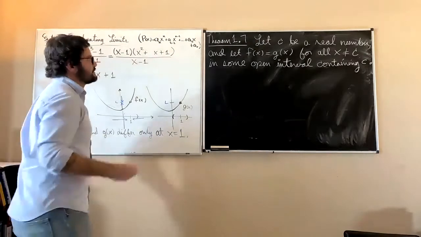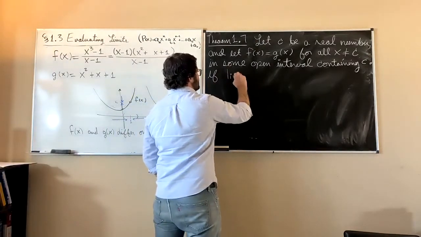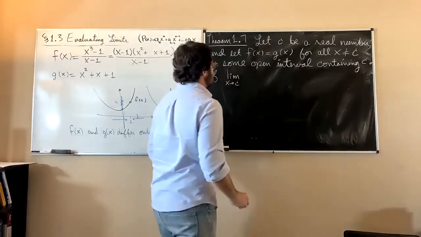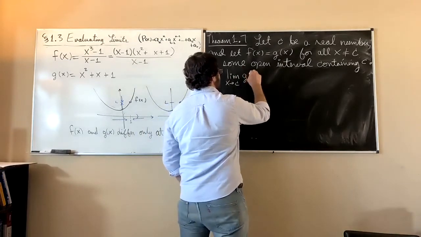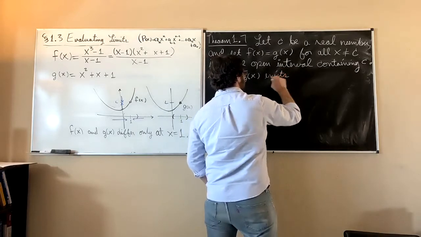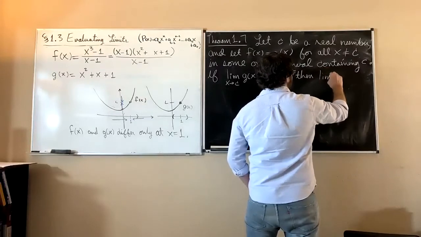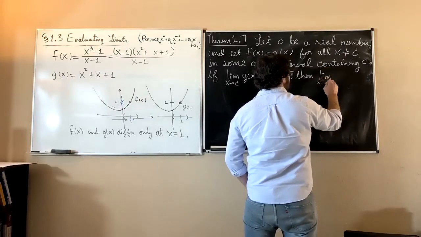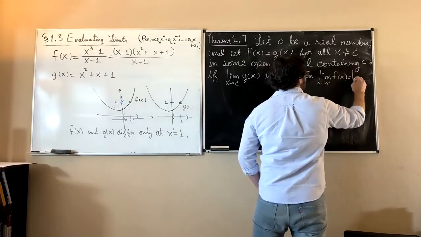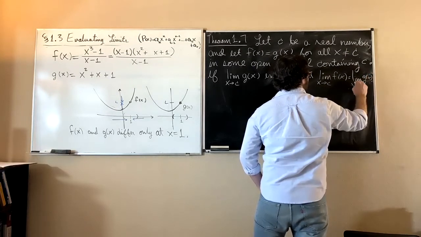So the statement of the theorem says that if the limit as x approaches c of g of x exists, then the limit as x approaches c of f of x equals the limit of g of x, again as x approaches c.